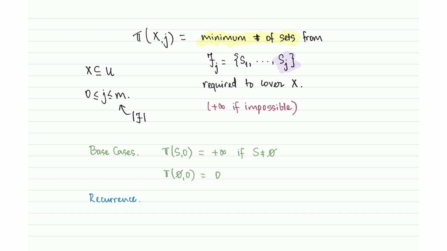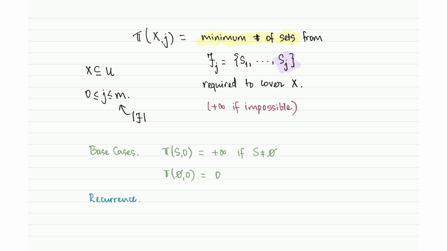It's possible that your solution does not use the set Sj. In this case, it's actually a way of covering x using only the sets from 1 through j minus 1, and in fact it must be the best possible way to do this, because if there was an even better way of doing it, then that would have been what would have witnessed your solution as well.